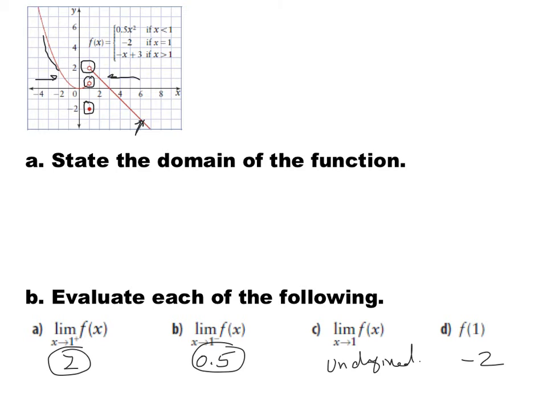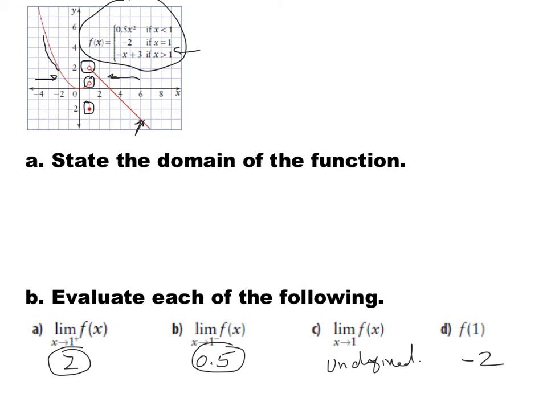You can also notice that without even having the graph, just having the equation, we can find the limit. For instance, for part A, it says limit of x going toward 1 plus. 1 plus means that x is a little bit greater than 1. This means that we have to use this because x is greater than 1.